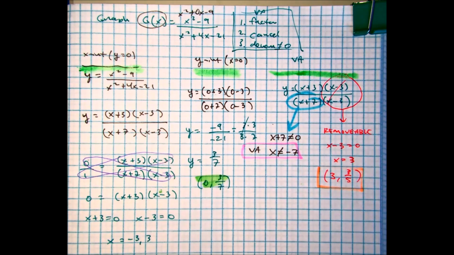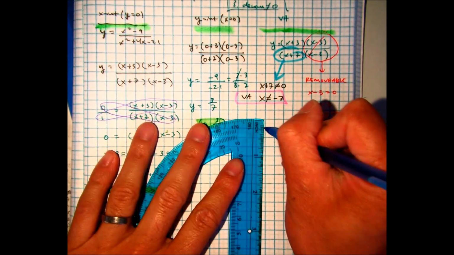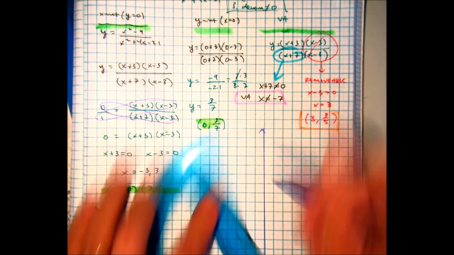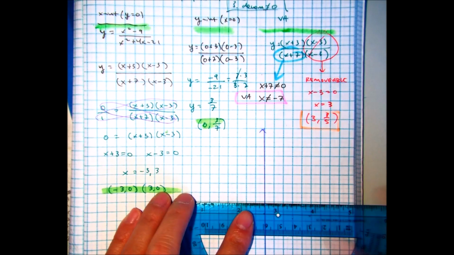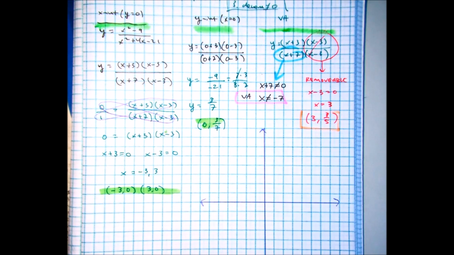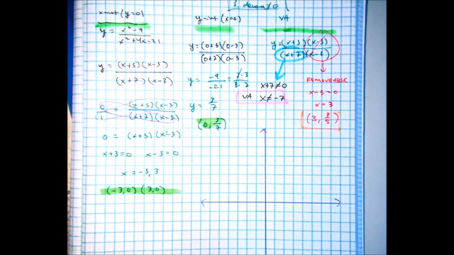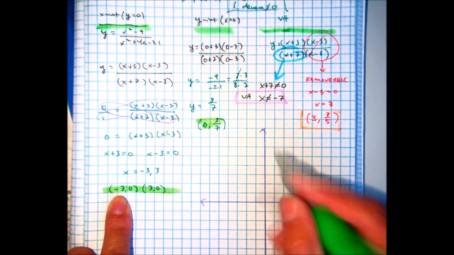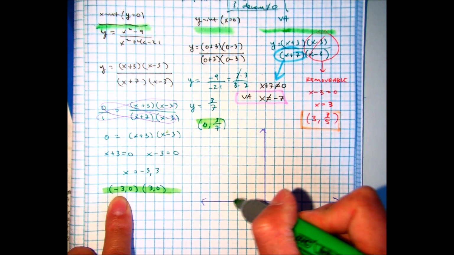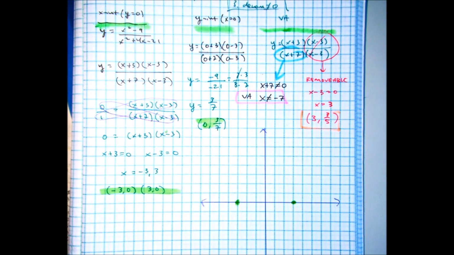Alright, now for graphing this, my straight edge. Right now all we know is about vertical asymptotes. We're going to learn today about horizontal, but let's just get these colors in. So I'm going to graph my x-intercepts, negative 3, 0, and 3, 0.